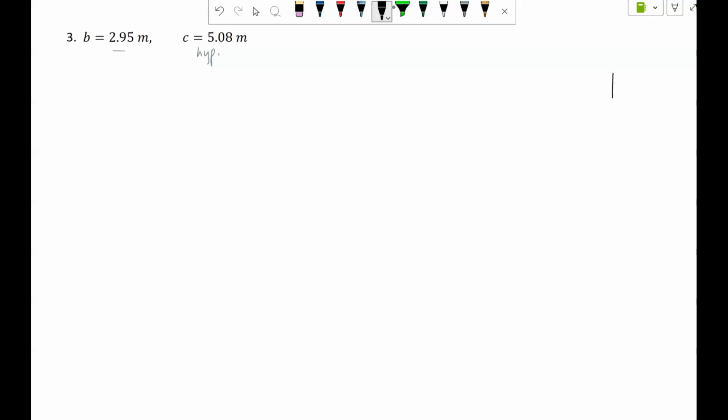All right, so let's see. We've got a right-angled triangle. C is opposite the 90, so here we are with C, 5.08 meters, and B, 2.95. So I'm gonna put it here, 2.95 meters.